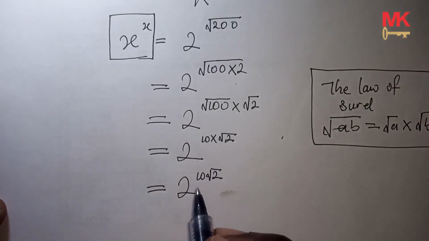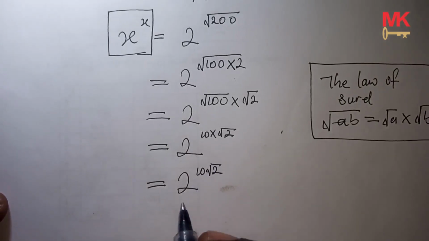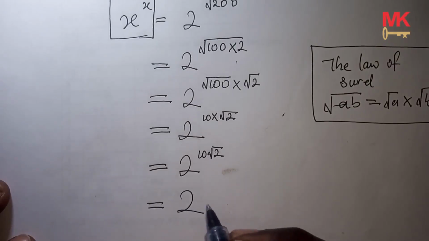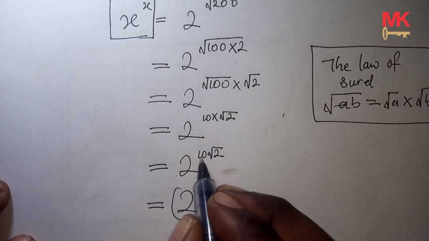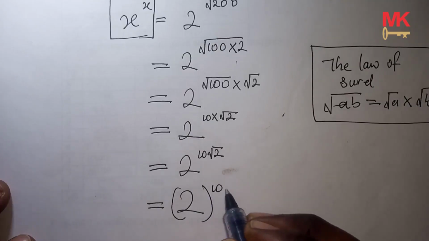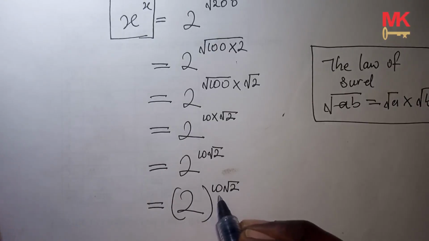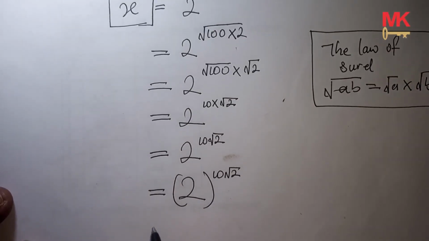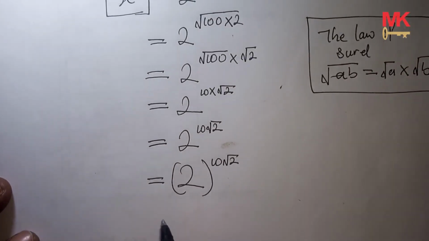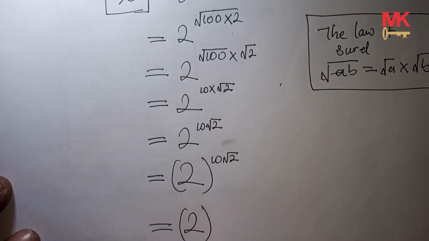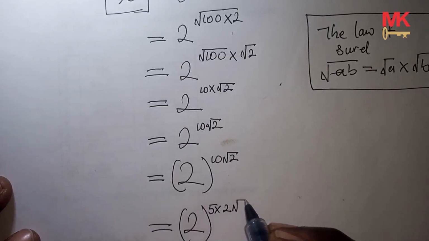From here, what we're going to do now is to split this power into 2. So now let's manipulate this. We'll get 2 raised to power 10 root 2. We're going to split this 10 into the product of two factors, 5 and 2, to get 2 raised to power 5 times 2 root 2.